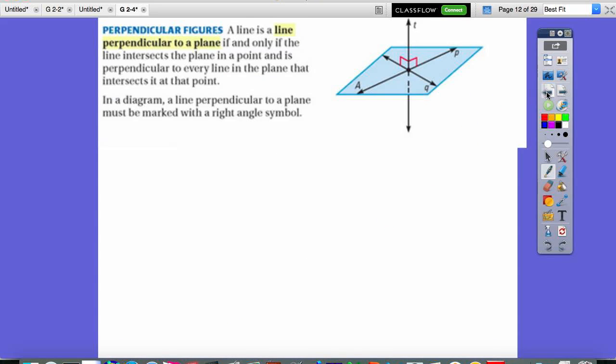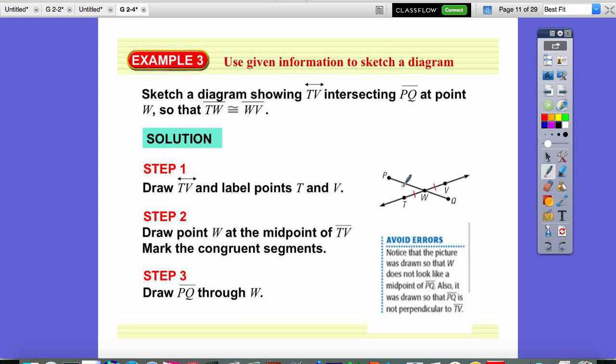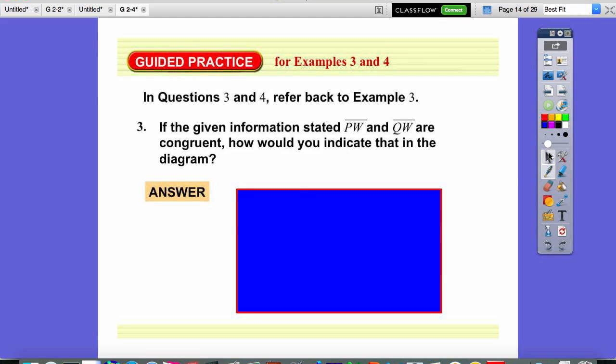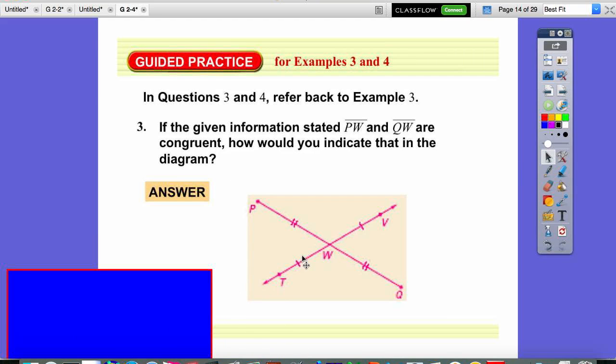You would need to use 2 lines for PW and QW, since you already used 1 for congruent. You can't use 1 congruence mark because you've already used that for TW and WV. If you used only 1, you would actually be saying that PW is congruent to WQ and that they're also congruent to TW and WV.